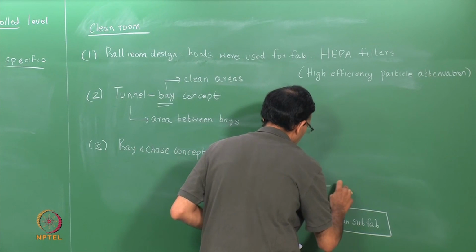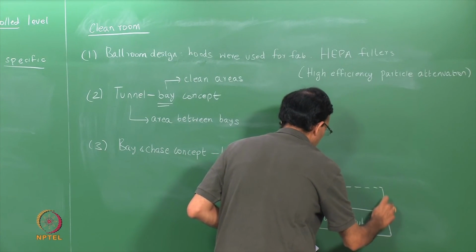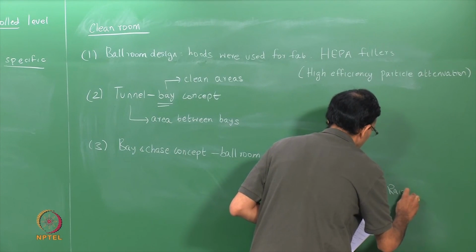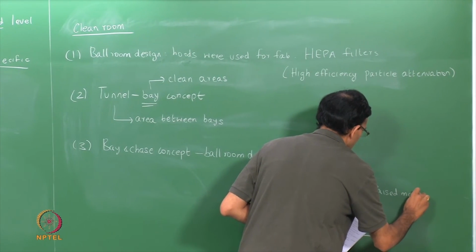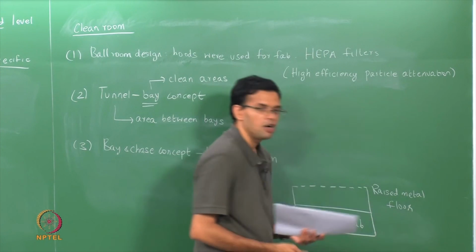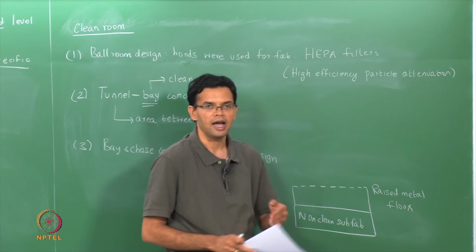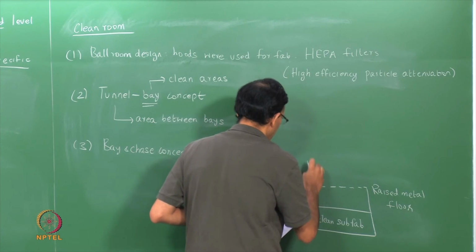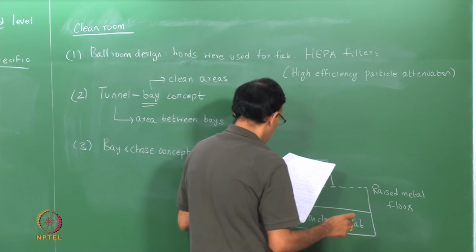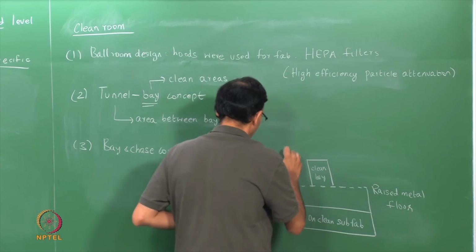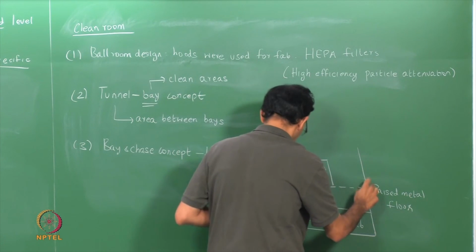There is a raised metal floor on which the fab is housed. So, this is not a solid surface, but usually has some amount of openings. So, within the raised metal floor or above it, you have the clean bay, and then you have the chase that is surrounding the clean bay.